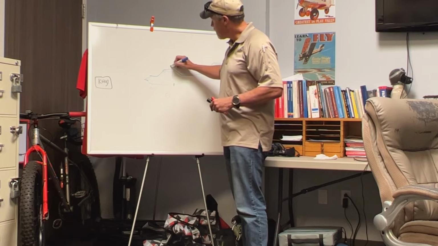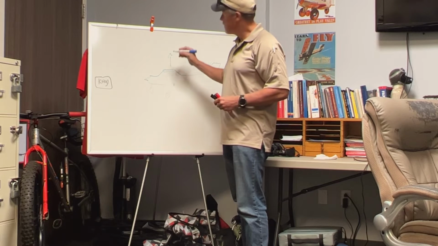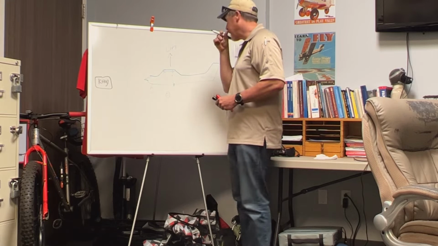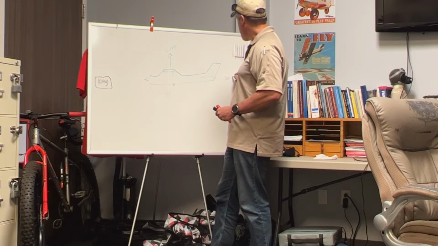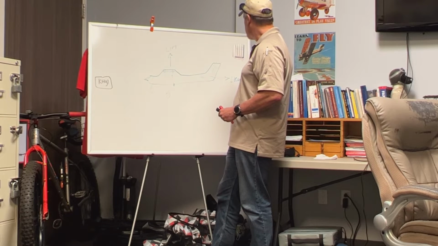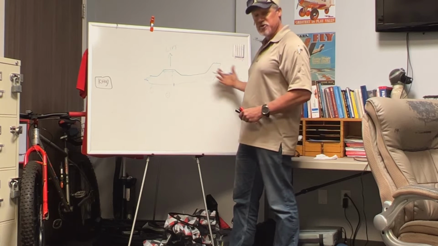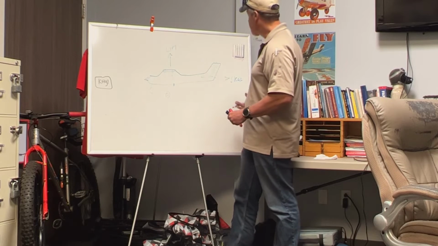So we have lift, we have drag. So this is what tries to keep the airplane back. So that's friction against the air, having to move through the air causes drag.